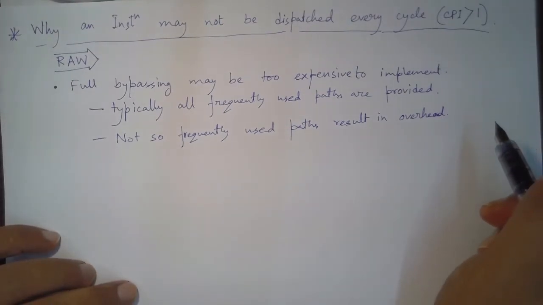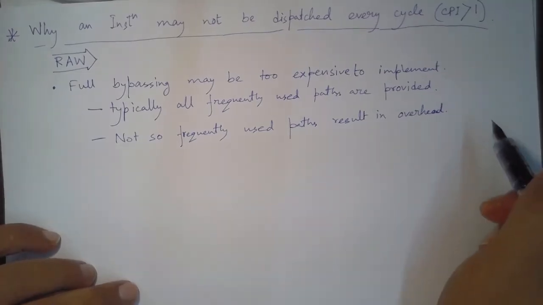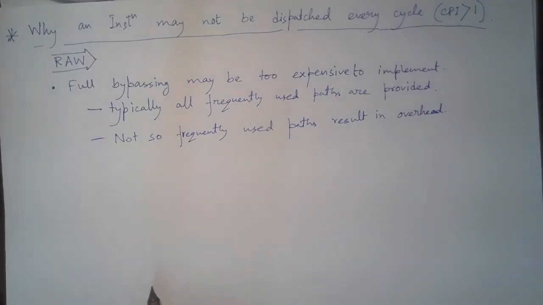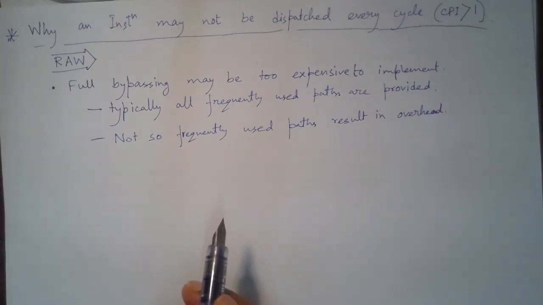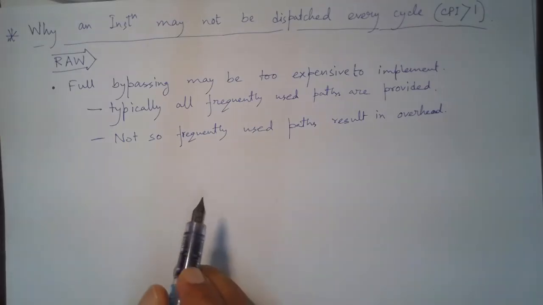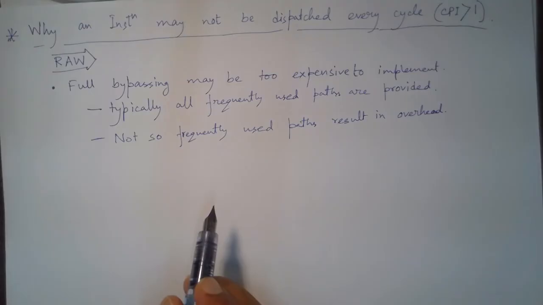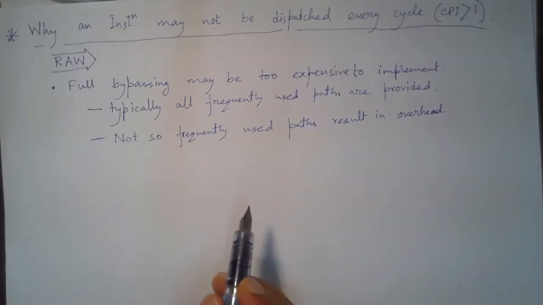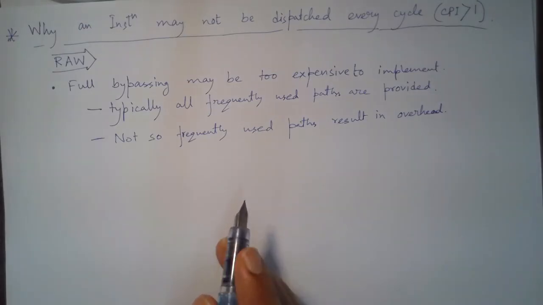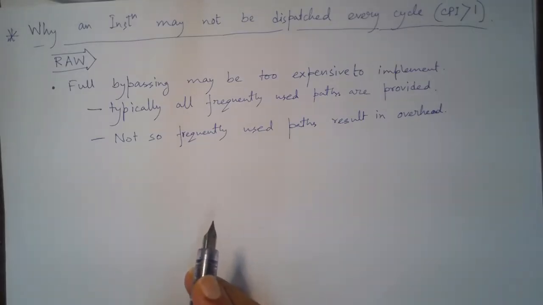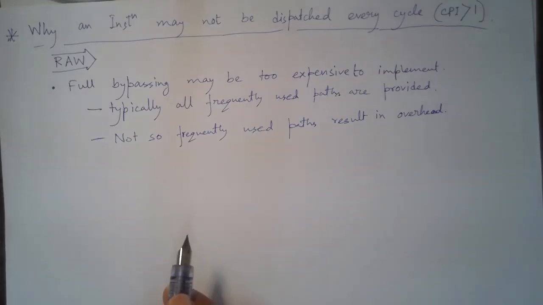Then there are conditional branches. Before that, we have not gone into the details very much, but the load store instructions also, especially the load instruction, in most processors cannot be executed in one cycle. So if you are loading some data, you will not be able to use it immediately after the load, so you have to wait for some time.